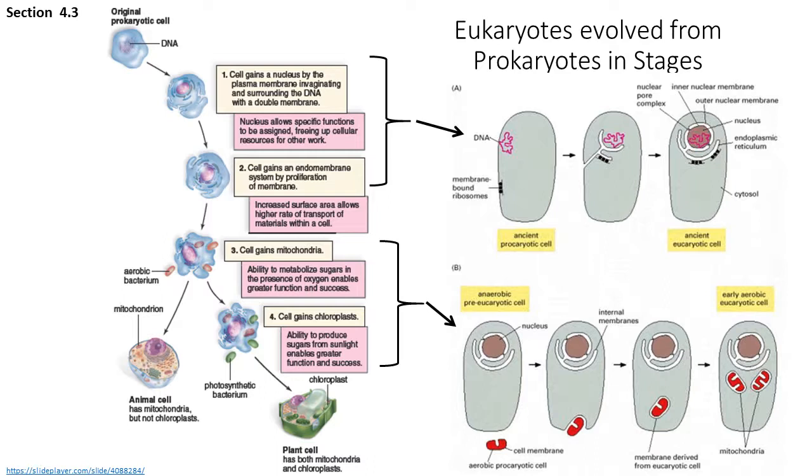The cell gained an endomembrane system by proliferation of that same membrane that was invaginated into the cell. This endomembrane system, remember how we like to have surface area in a cell. We like to maximize our surface area to volume ratio.